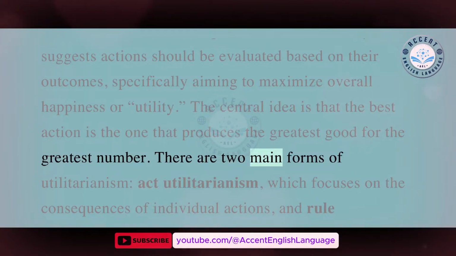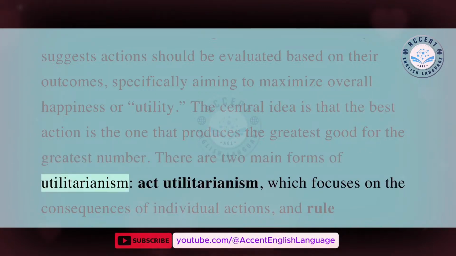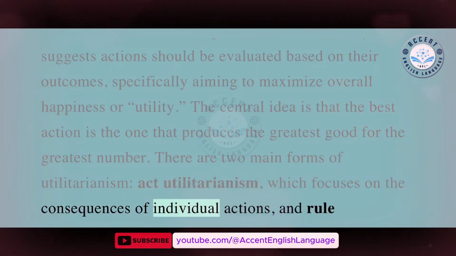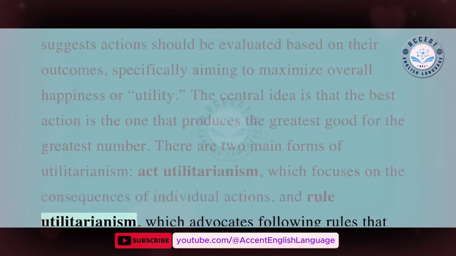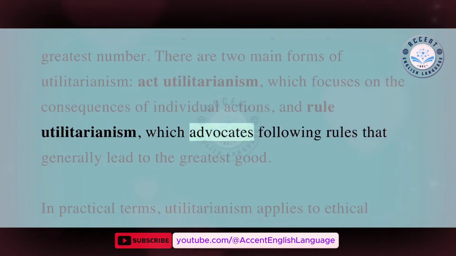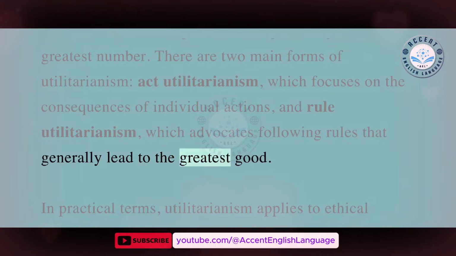There are two main forms of utilitarianism: act utilitarianism, which focuses on the consequences of individual actions, and rule utilitarianism, which advocates following rules that generally lead to the greatest good.